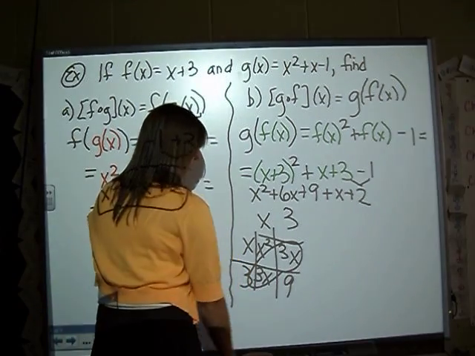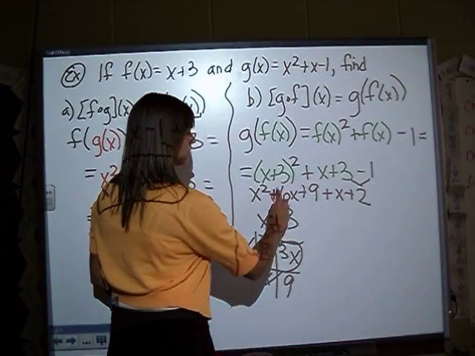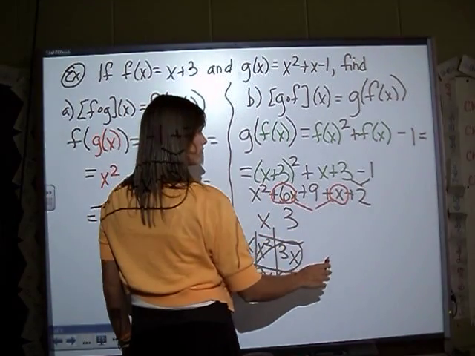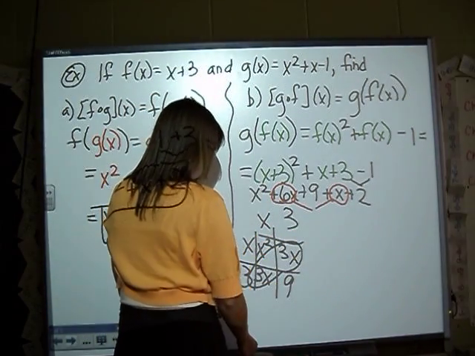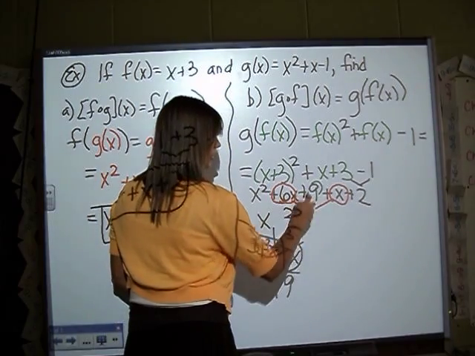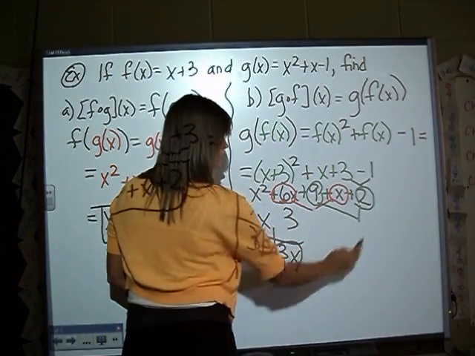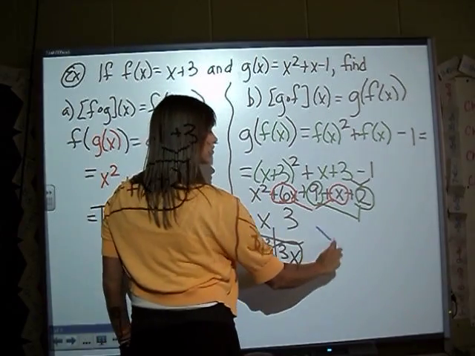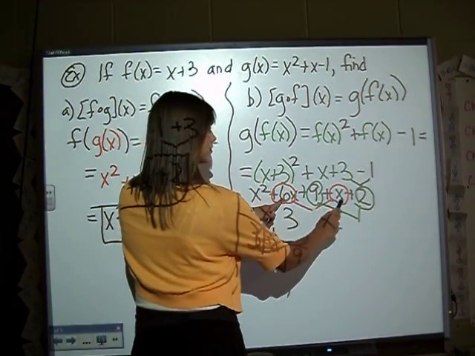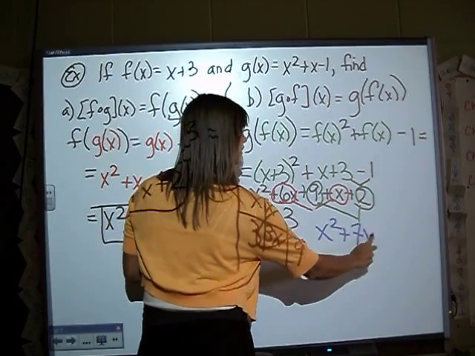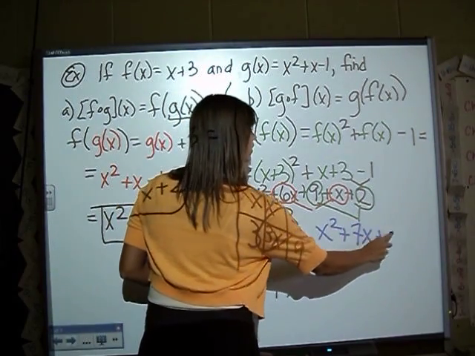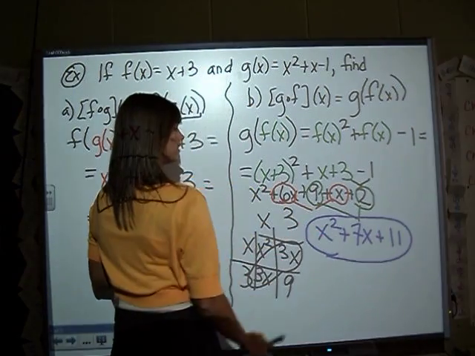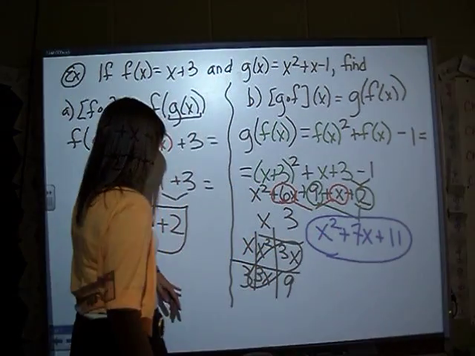Other terms that I can combine, I have this 6x and this x, and I have this 9 and this 2 that I can combine. So after I do that, my final answer is going to be x squared, 6x plus x is 7x, 9 plus 2 is 11. So g of f of x is x squared plus 7x plus 11.